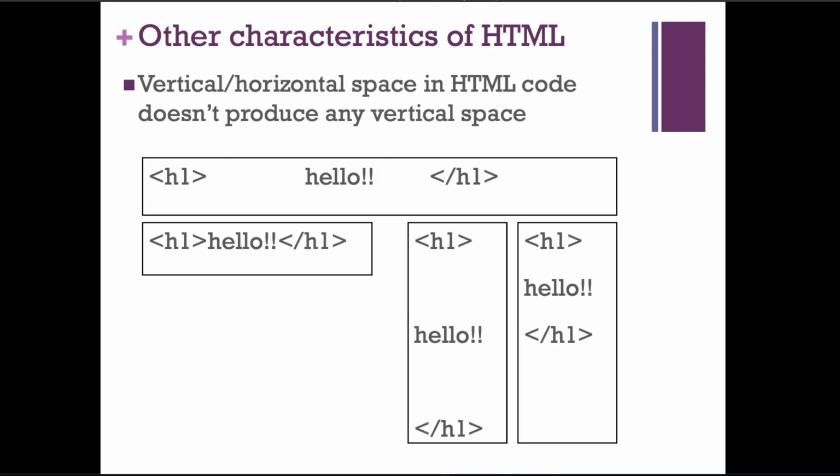HTML is not like any of your document programs or a Microsoft Word document. One of the biggest characteristics of it is that vertical and horizontal space in HTML code doesn't provide any vertical space or even horizontal space.